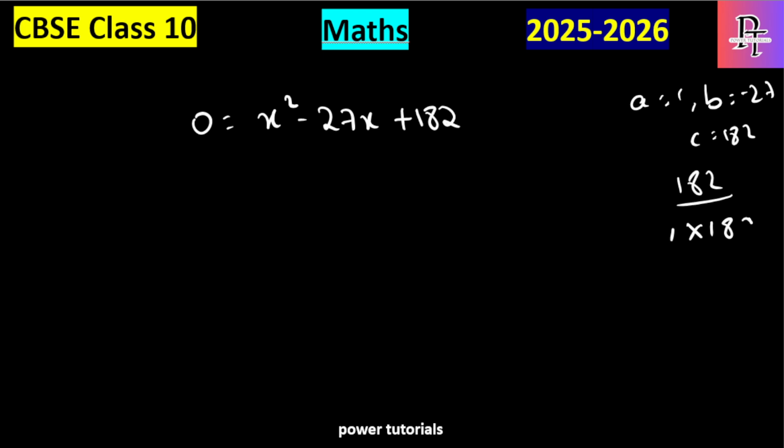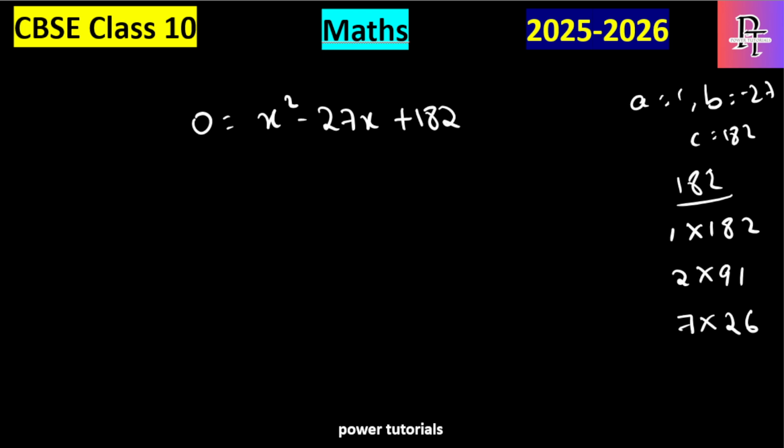1 into 182, 2 into 91, the 3 table will not happen, 4 will not happen, 5, 6 will not happen. 7, yes, the 7 table will happen, because 7 2s are 14, 7 6s are 42. Okay, here also we will not get it. 11 will not happen, 12 will not happen.